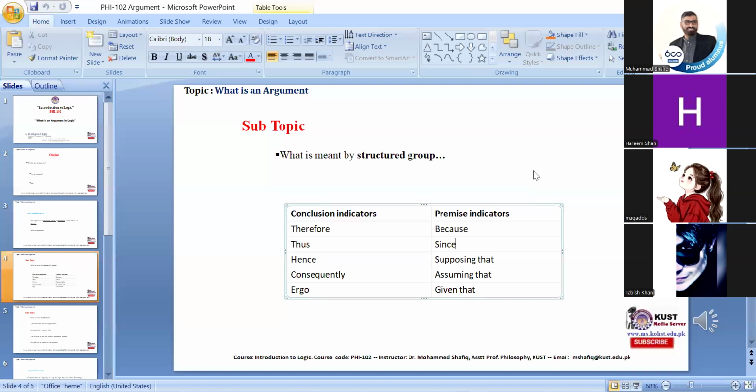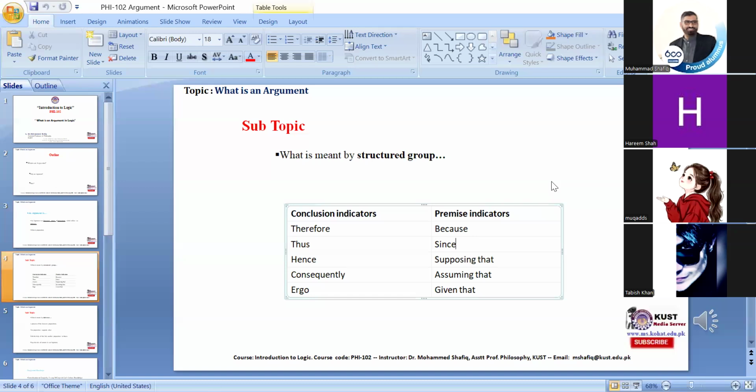The second premise says that Mr. X is a student. We are asserting something about Mr. X, that he is a student. Now, when we combine these two premises, all students are intelligent and Mr. X is a student, we draw the conclusion: because all students are intelligent and Mr. X is a student, therefore Mr. X is intelligent.